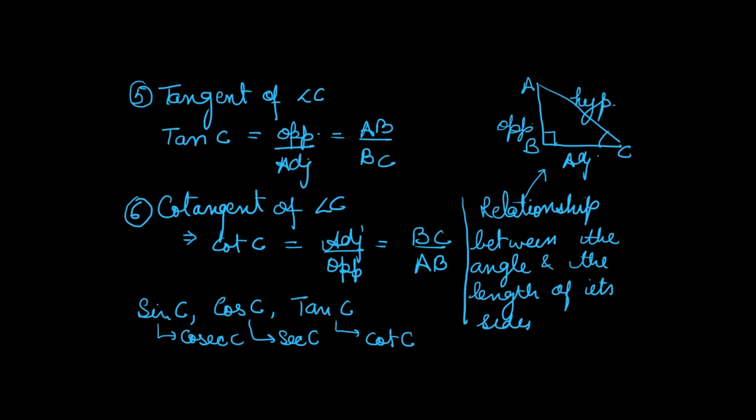So the application of trigonometry. Why trigonometry? Let us consider some examples. Suppose a person is standing down here, looking up towards the top of this tower. The eye level of the person is like this.